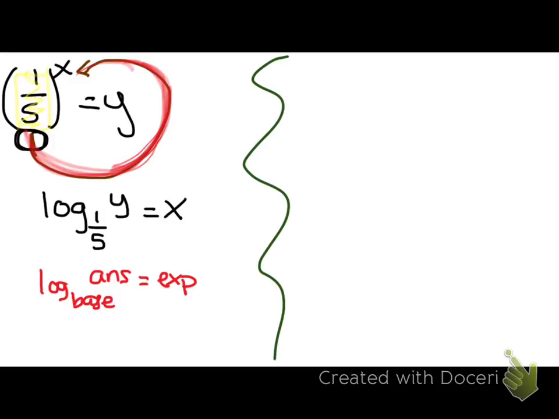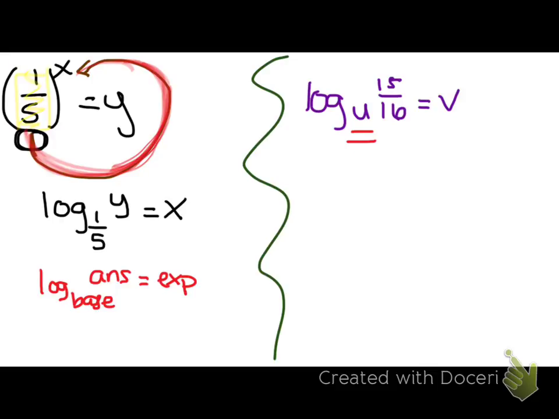On the right-hand side, it already has the word log. The base is u, so the base is written lower. 15 divided by 16 equals v. We do the same thing. You're going to draw a loop starting from the base, which for the log is written lower.